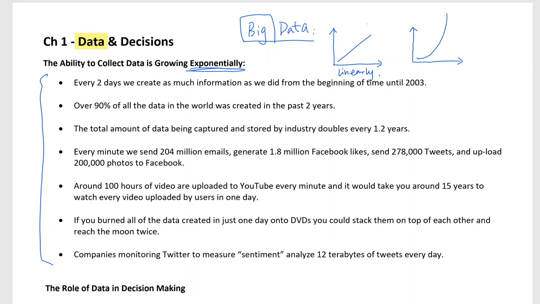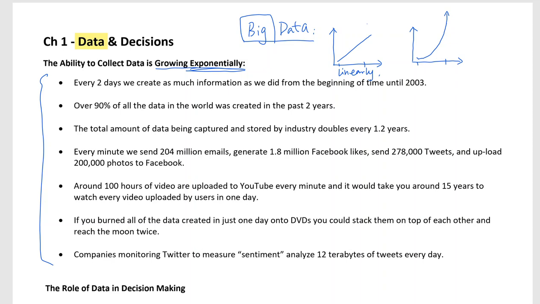Right, so what does that mean? That means with the same time period, it will increase much higher than the linear increase. All right, so let's see how it has grown exponentially.